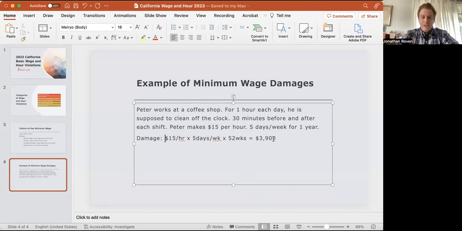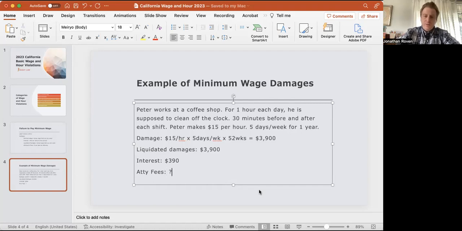The second damage would be liquidated damages, which is another $3,900. Let's say it was for 1 year, so the interest would be $390. And then attorney's fees, we don't know.